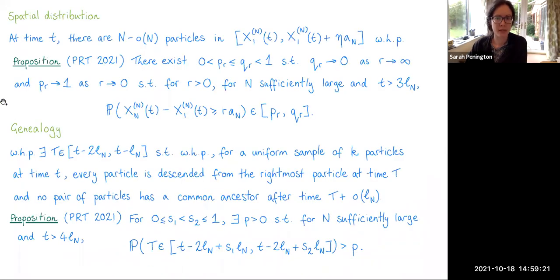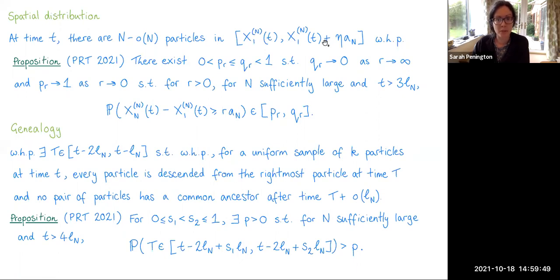So first of all, there's a second result about the spatial distribution of particles. At the top, I'm reminding you of what our main result said, which was that at time t, there are n minus little o of n particles in the space interval from x1n of t up to x1n of t plus eta times an with high probability. And for this, you could choose your eta to be a very small positive constant.